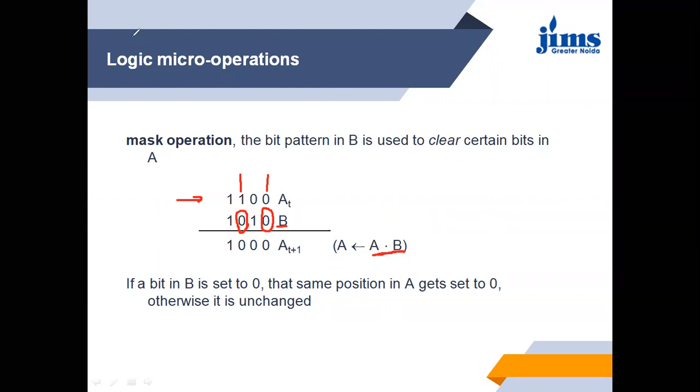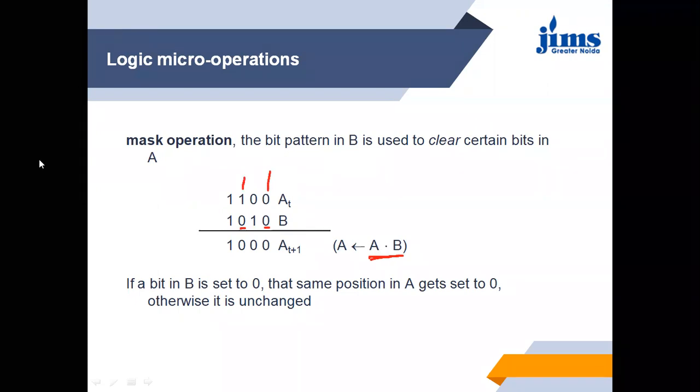Masking, and the last one, which is clear, is the same. You can check from here that in this we are using A dot B and the value is 0, because we are performing it on the first and third bits.